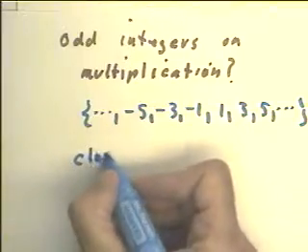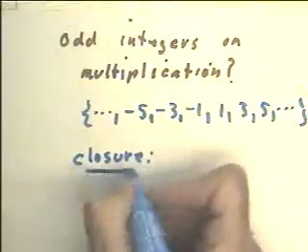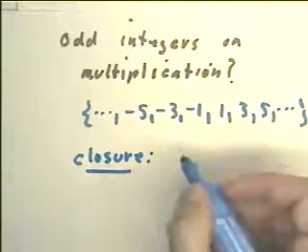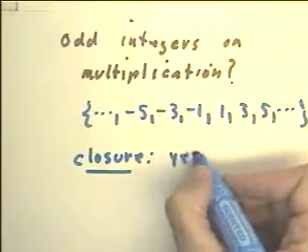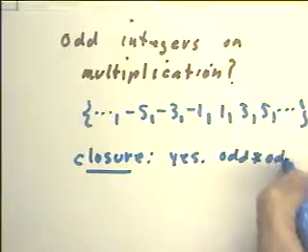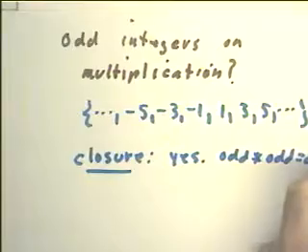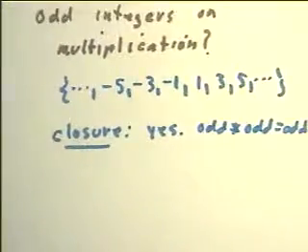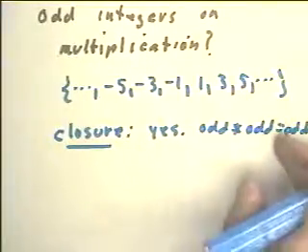Are they closed? Yeah, if you multiply two odd numbers, you're going to get an odd number. So the operation is closed. If you put two of these together, you get another one of them.